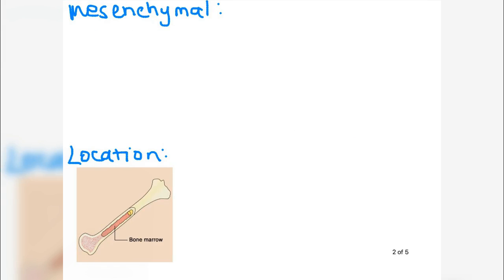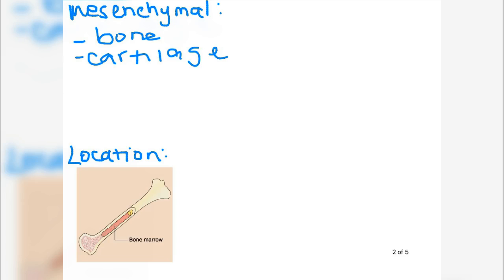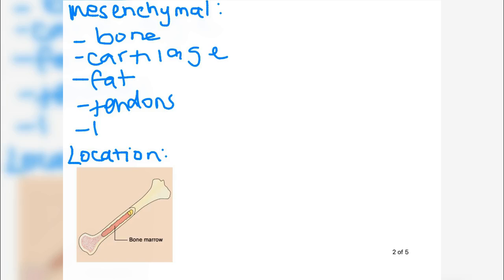Next, we have mesenchymal stem cells, which differentiate into bone, cartilage, fat, tendons, and ligaments. Mesenchymal stem cells are also primarily found in the bone marrow.